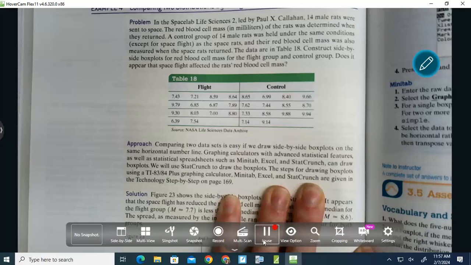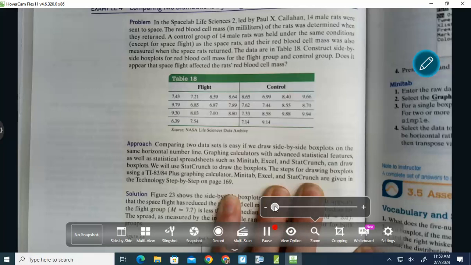They're just trying to see if there was a difference in the red blood cell mass between the two groups. So if I wanted to compare them, one way to do it is by using a box plot. We can put this on our calculator. What you need to do is enter the flight group in one list and the control group in another.